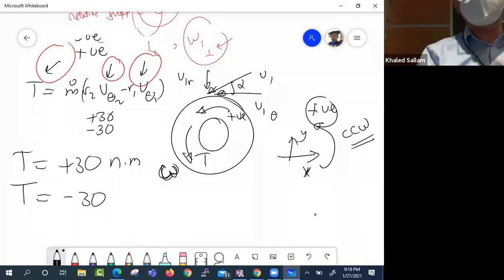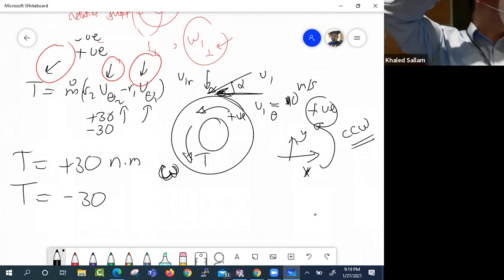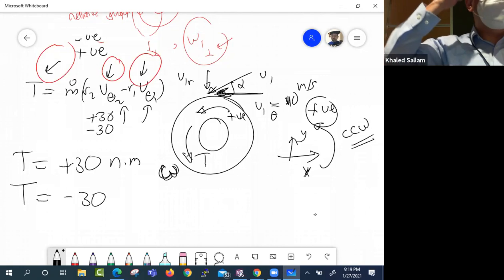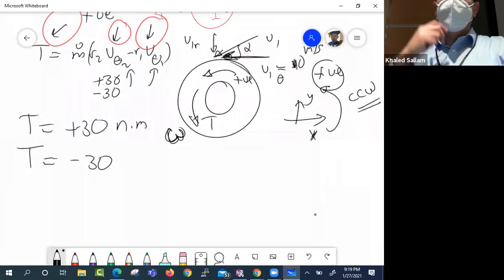And when it comes to V theta 1 and V theta 2, we need to see, are they rotating clockwise or counterclockwise? So in this example, let's say V1 theta is 10 meters per second. Should this be added as plus or minus? Look at V1. It's moving in that direction, so it's going to be plus, right? And the same thing for the U1, in case you want to calculate U1.